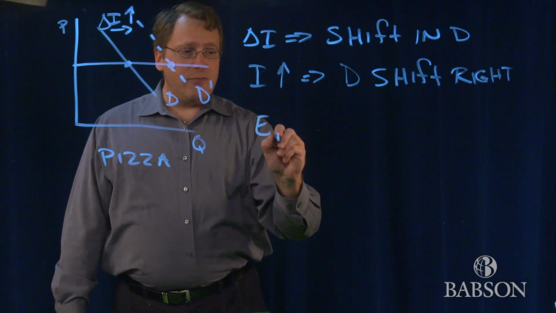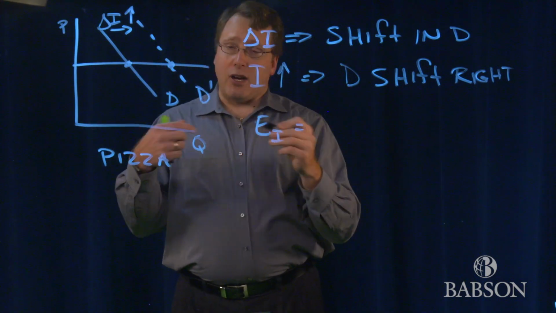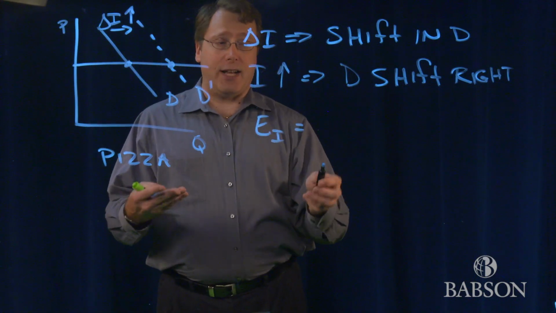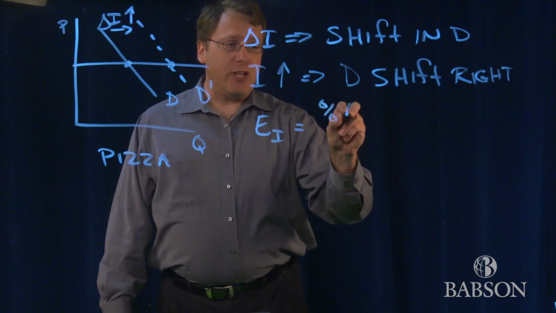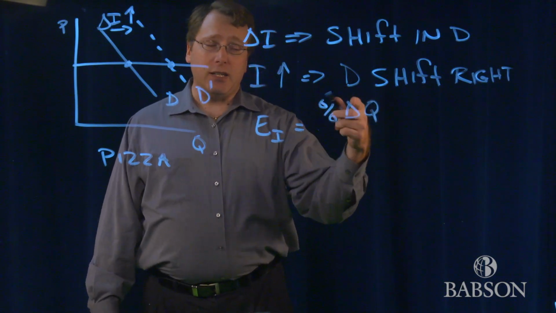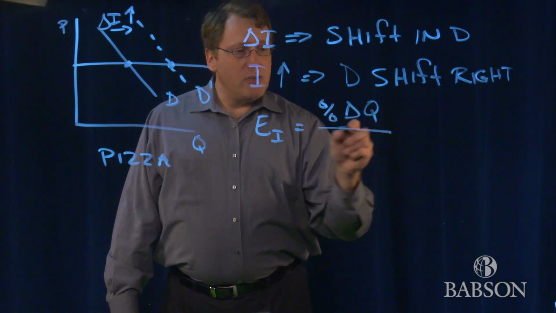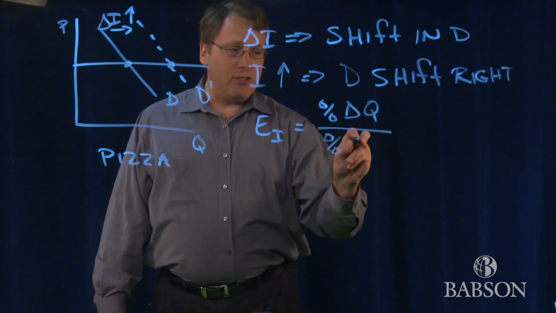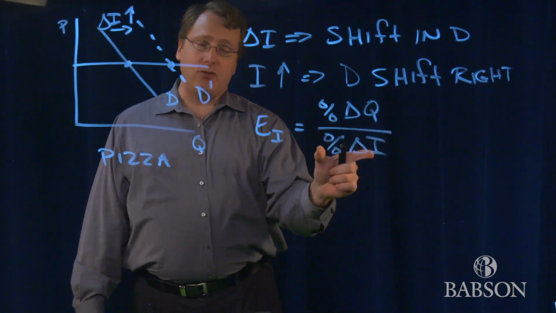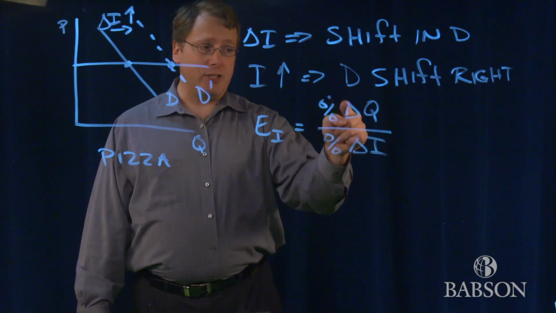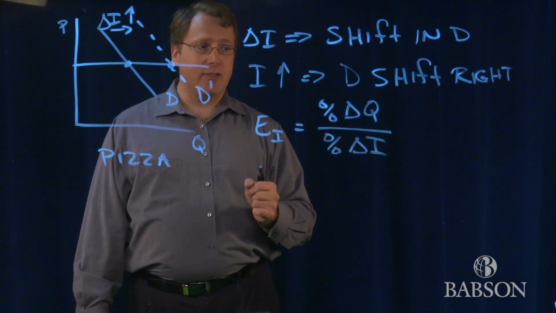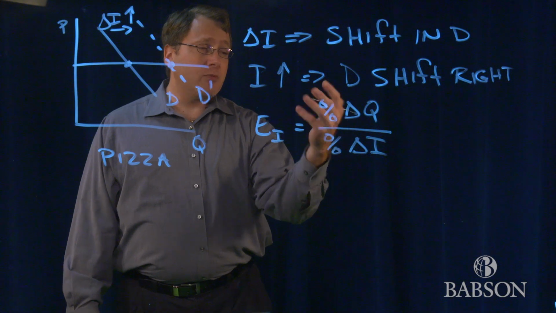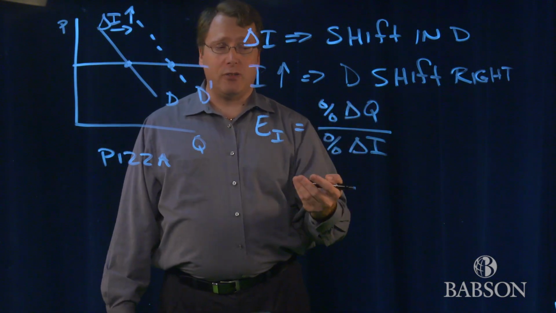Now, this is very similar to all of the other elasticities that we've looked at at this point, where we have the percentage change in quantity in the numerator. The difference is that in the denominator, this is the change in income that's causing the change in quantity to arise. Now, for most products, what would you expect this relationship to look like?